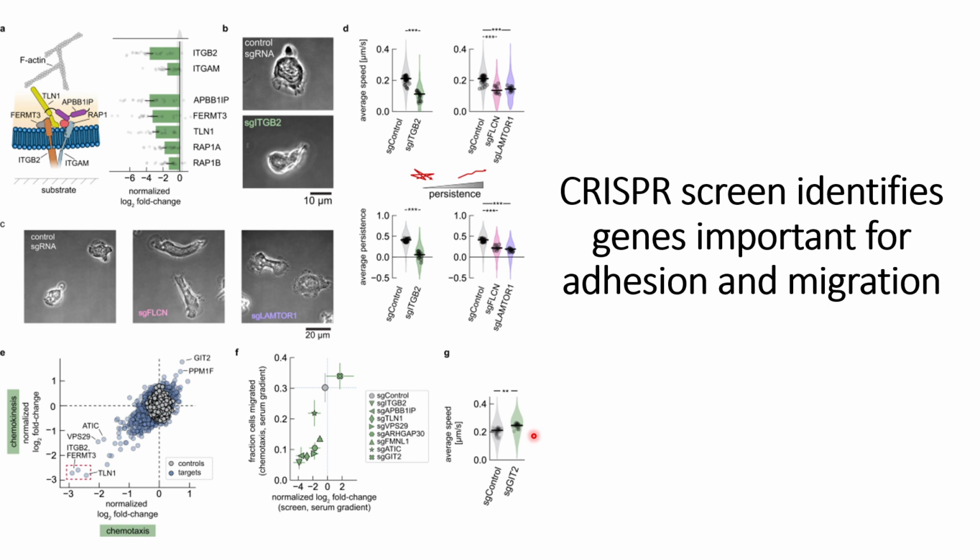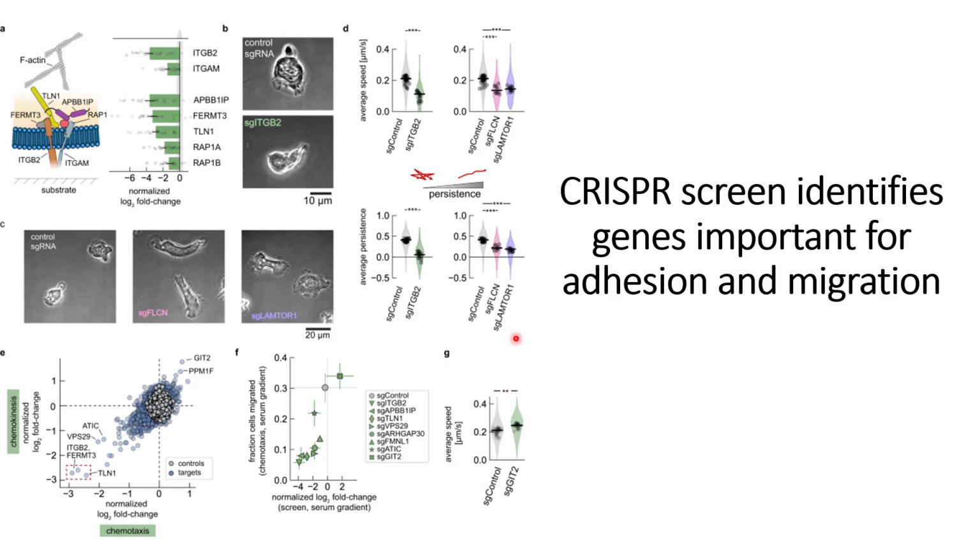So this GIT2 knockout plays an important role in adhesion and migration, as has been seen here. And here we can also see that in the chemotaxis and chemokinesis studies of the stable cell line, GIT2 has more fraction of cells in the chemotaxis compared to the chemokinesis.